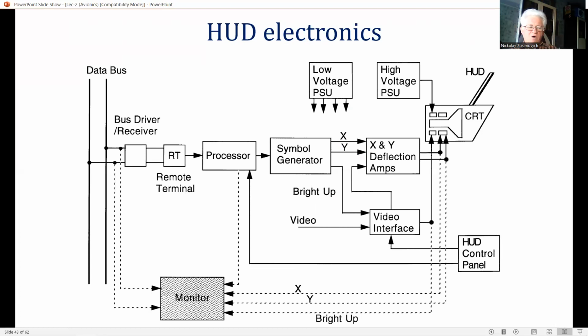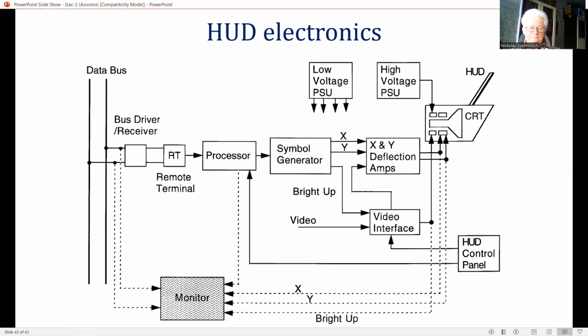The new generation of aircraft with integrated modular avionics use standardized cards to carry out the HUD display processing and symbol generation tasks. These are housed in a rack in one of the environmentally controlled cabinets.